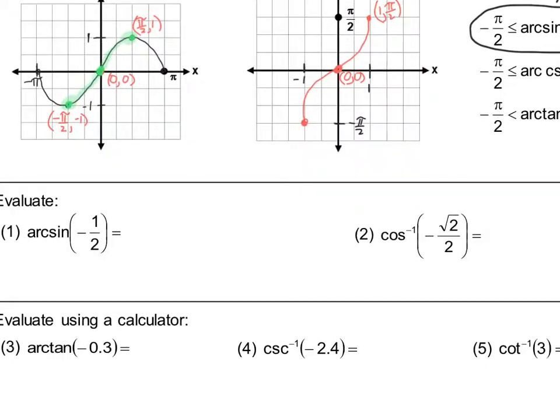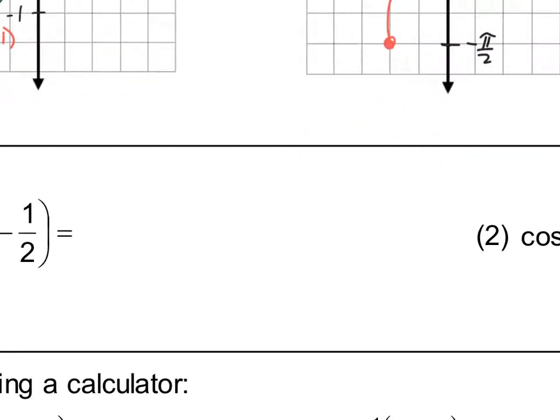When you have something like the arc sine of -1/2, that's always equal to some angle, right? Some angle theta.